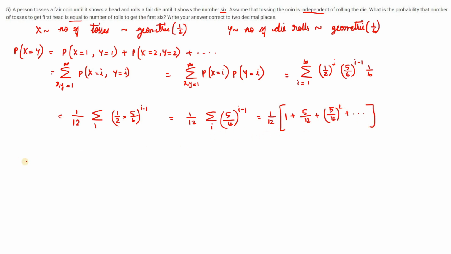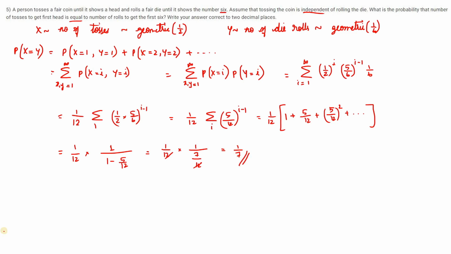Now what is the summation of that geometric series? That is 1 by 12 into 1 over 1 minus 5 by 12, which is 1 over 12 into 1 over 7 by 12. The 12 and this 12 cancel, so we have 1 by 7 as the answer.